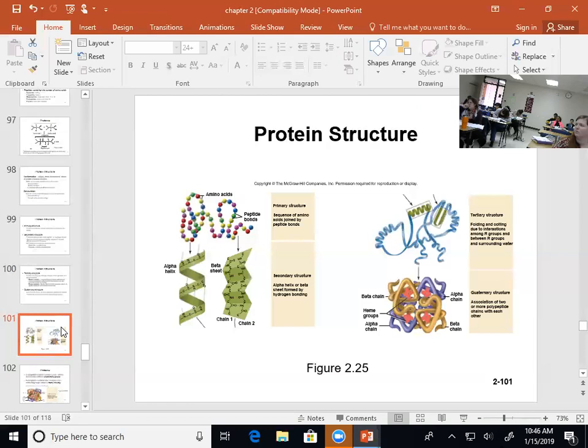The sequence is the primary, but how it did that is the what? And then all of a sudden, that whole chain will fold on itself. That's the tertiary structure, which is the third. It might fold like this. You get what I'm saying? It'll fold on itself. And then that whole chain might play with another chain and another one and another one.